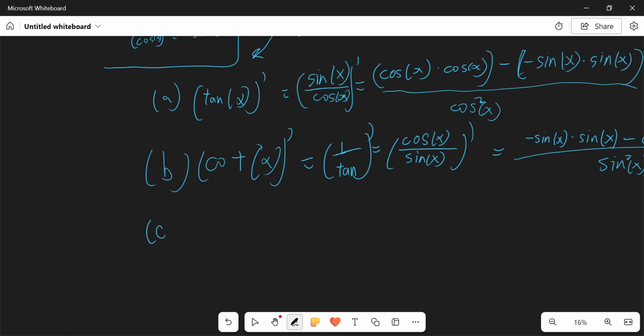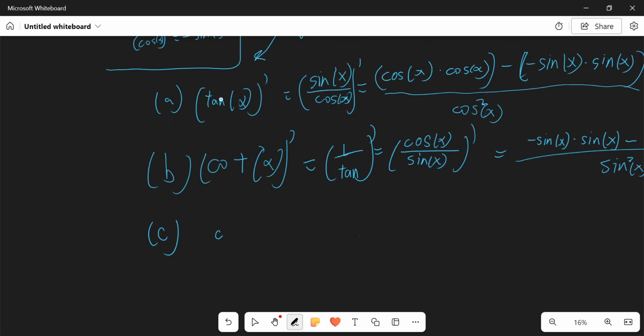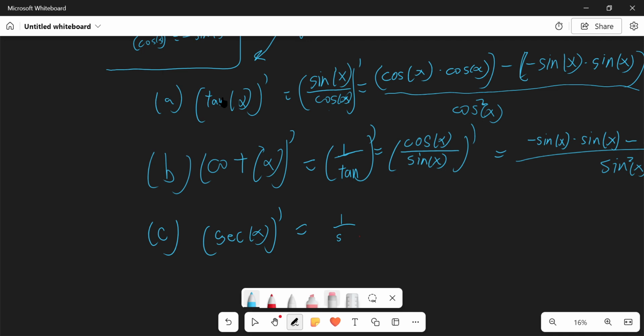And we will move on to C of this problem, which will be sec x, which, using the trig identities yet again, we will see equals 1 over cosine x.